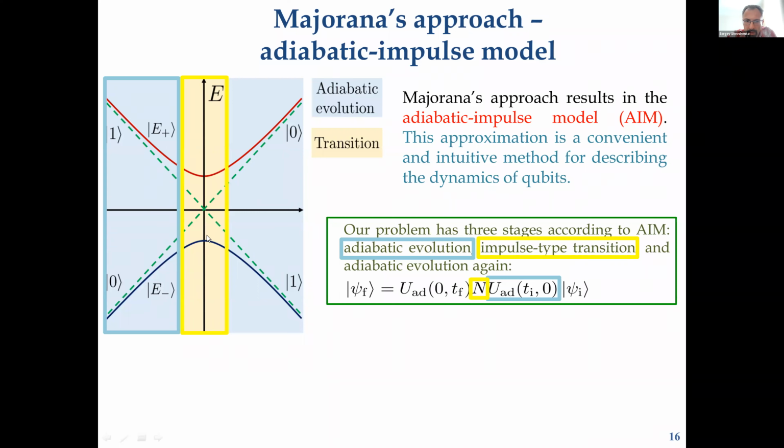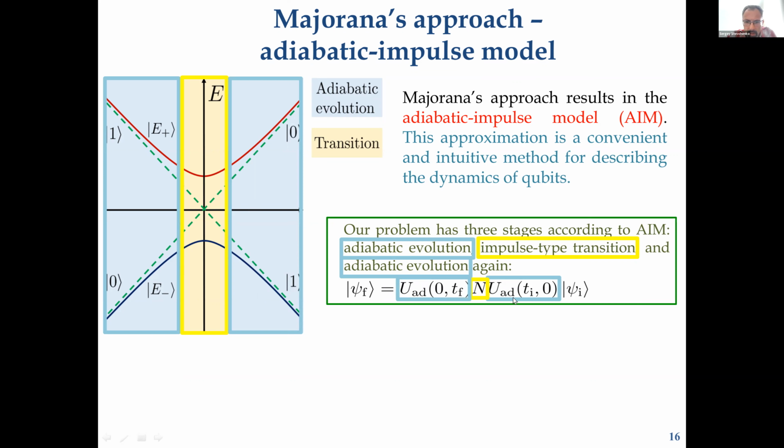Then, in the very narrow region, which in calculations we can safely assume is a single point, an impulse-type transition, the probability to be excited, and then adiabatic evolution again. So that's the essence of the adiabatic impulse model. The continuous dynamics can be very conveniently approximated by the product of 3 matrices.